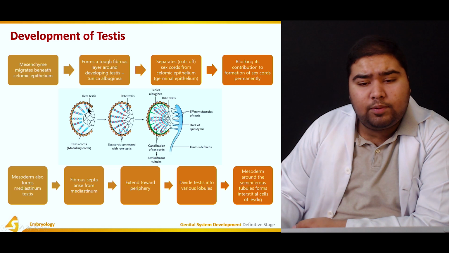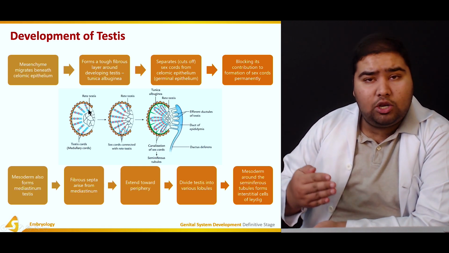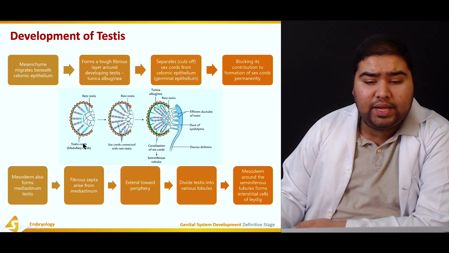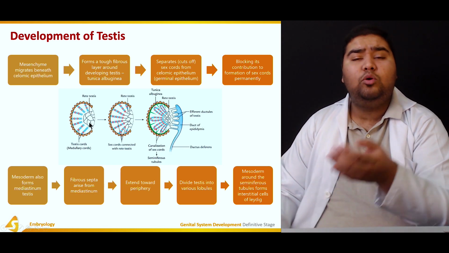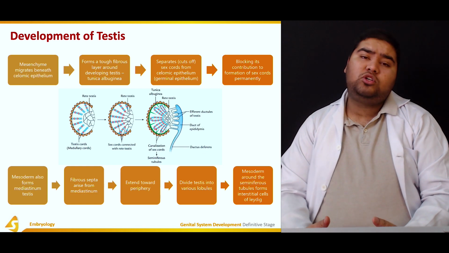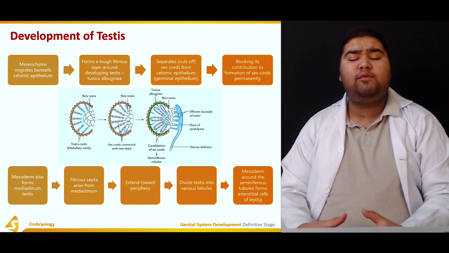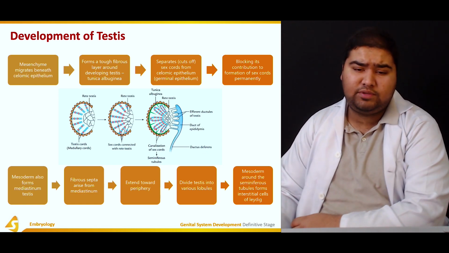Now these primordial sex cords elongate, and now they are called the testes cords or the medullary cords. They elongate and reach the hilum. Once they reach the hilum, these testes cords or medullary cords begin to break, and the cells that break off clump together and anastomose to form a horseshoe-shaped structure.